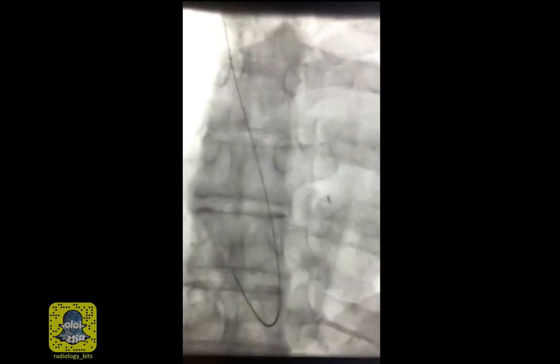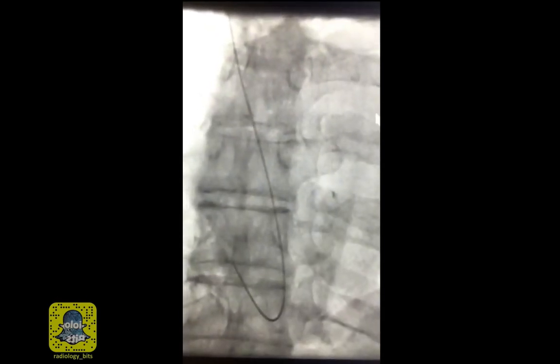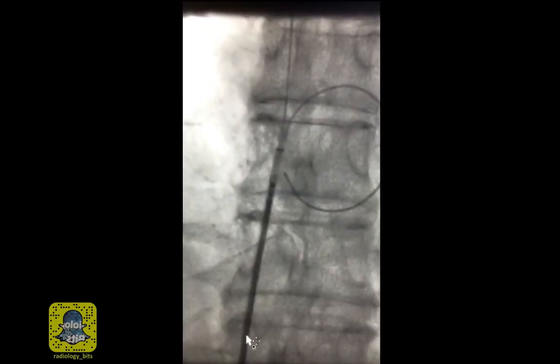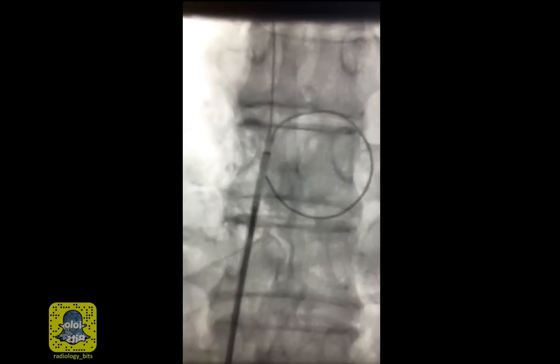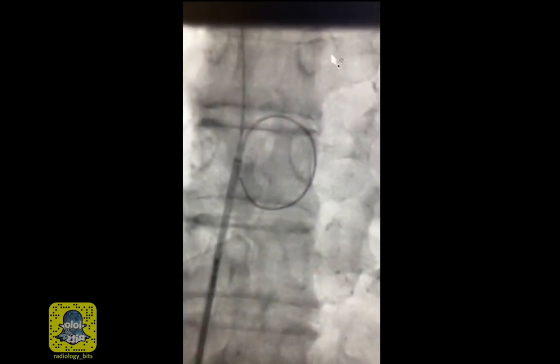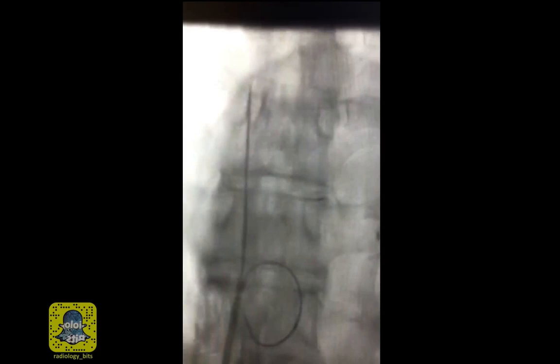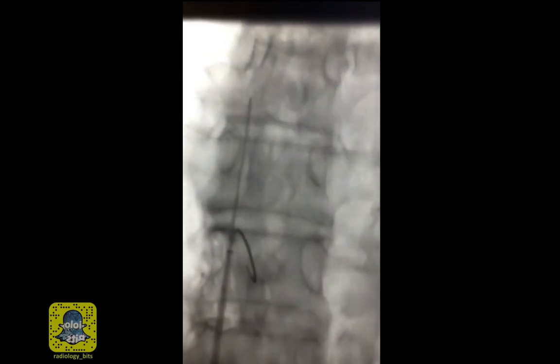However, the team elected to remove the guide wire, and this is a fluoroscopic image. This is the interventional cardiologist using his equipment to reach the IVC via a femoral venous access and trying to retrieve this guide wire. And this is what's happening in front of you.